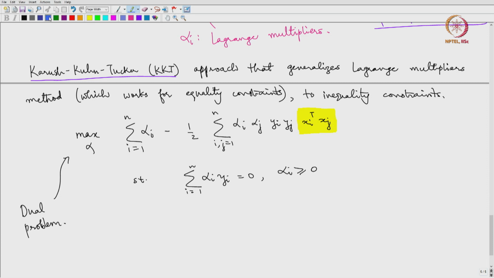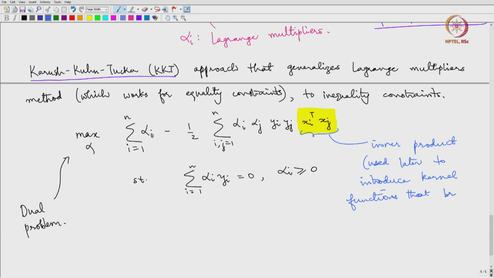So, this is the dot product or the inner product between 2 points and is later used to introduce kernels within support vector machines, that bring in non-linearity.